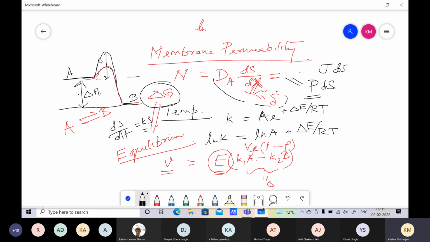As you keep on lowering the activation energy, both the forward and the backward rates change. But the equilibrium between A and B does not change. So you cannot actually change the equilibrium condition, whatever happens.